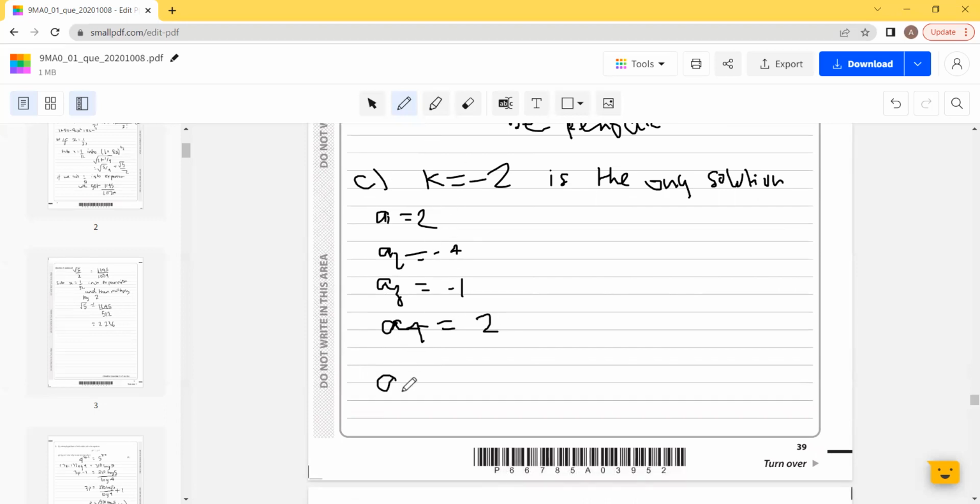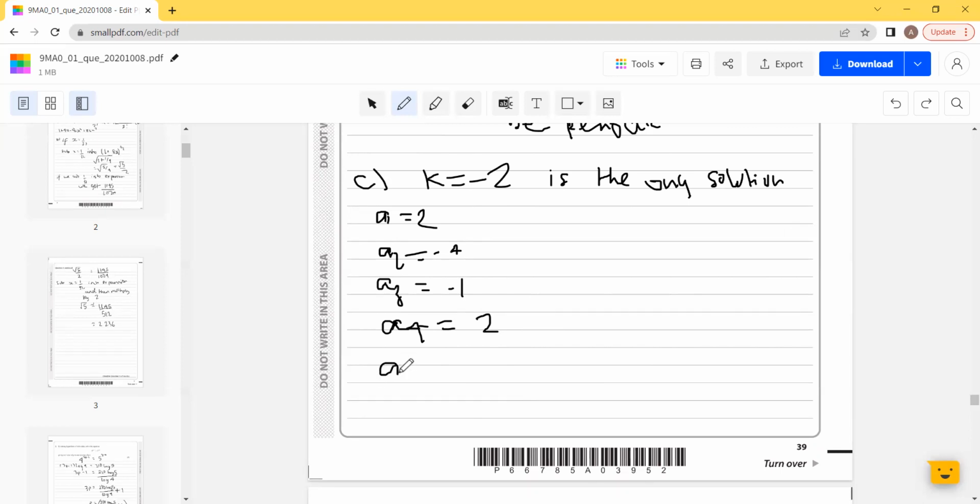So the sum of the first 4 terms, a1 plus a2 plus a3 plus a4, is what we can calculate. So 2 minus 4 minus 1 plus 2 is -1. And because it's periodic, it's repeated every 3 terms.